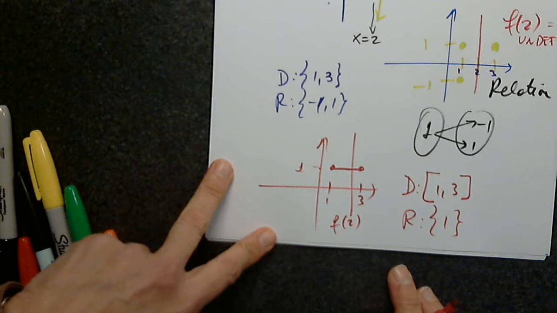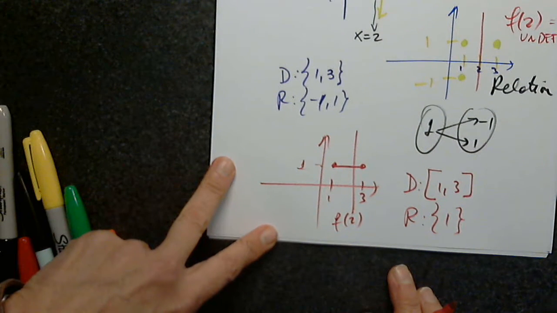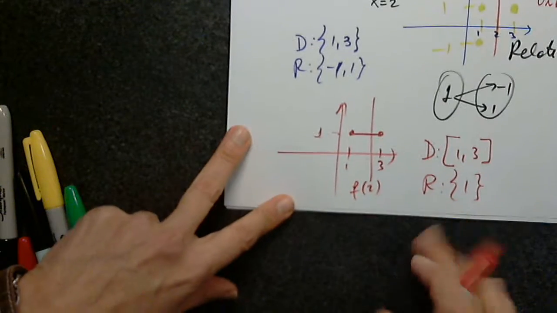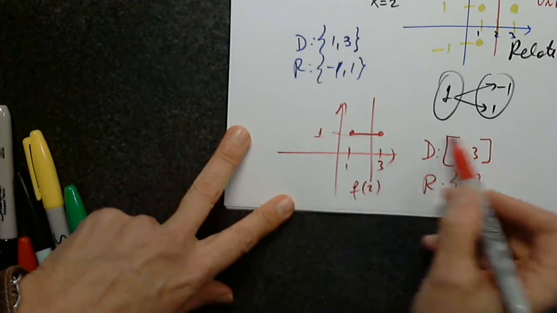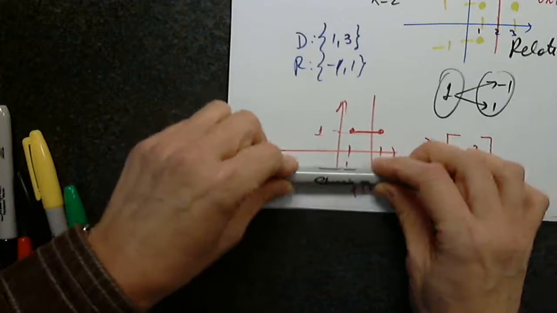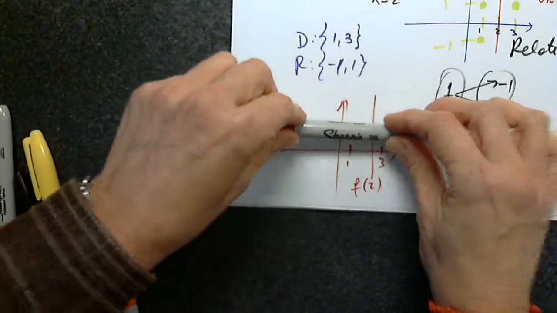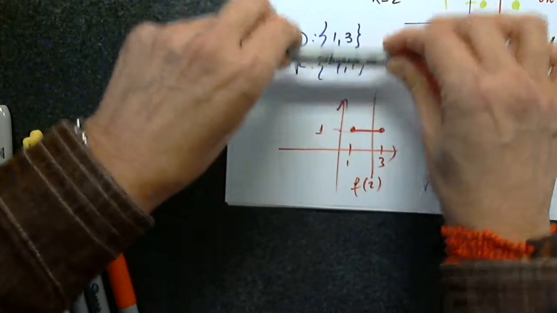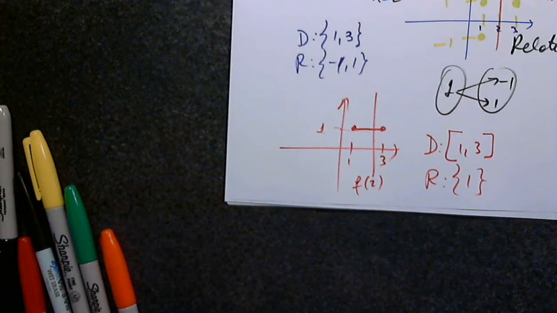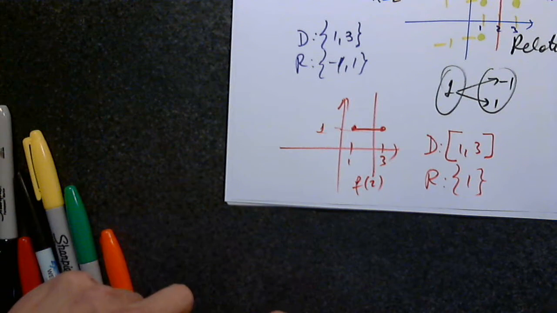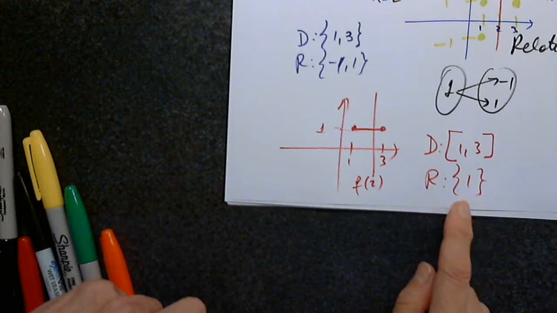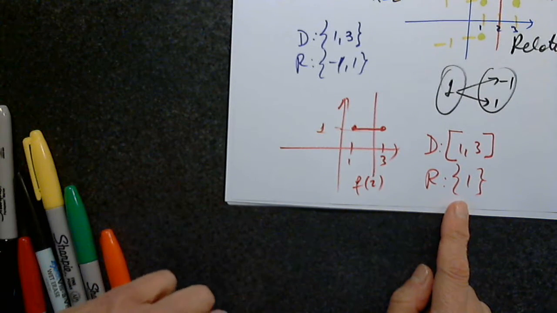Go ahead. Why did they use braces for range? Because there is only one value. If I want to cut it, it doesn't exist. There is only one value for y. And if it was more than one, what is brackets?